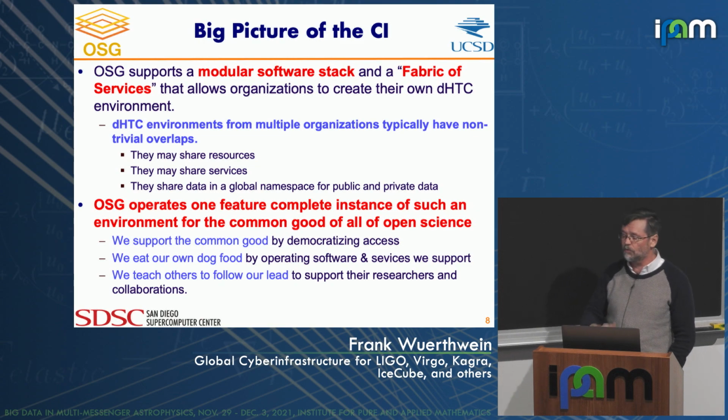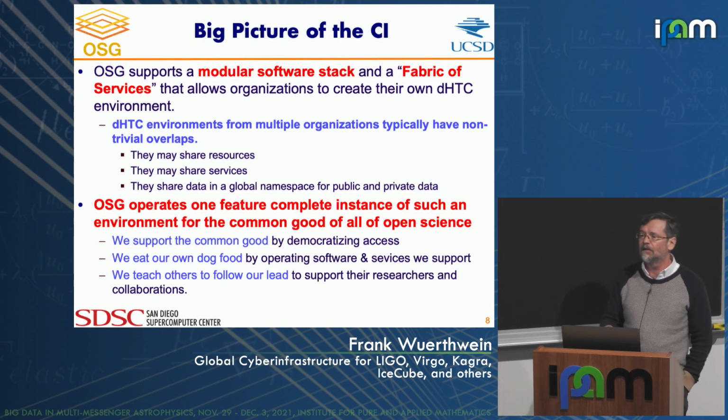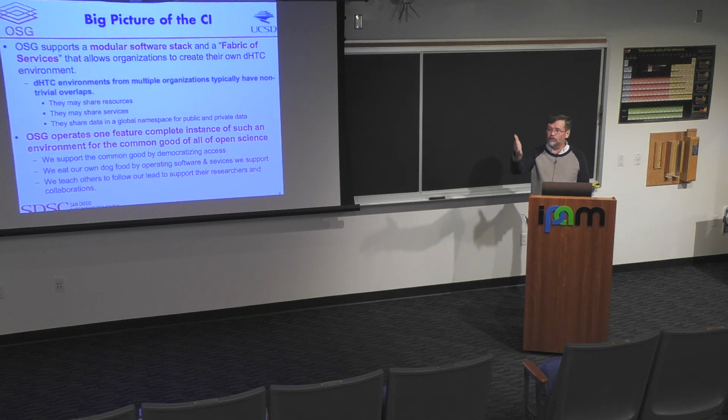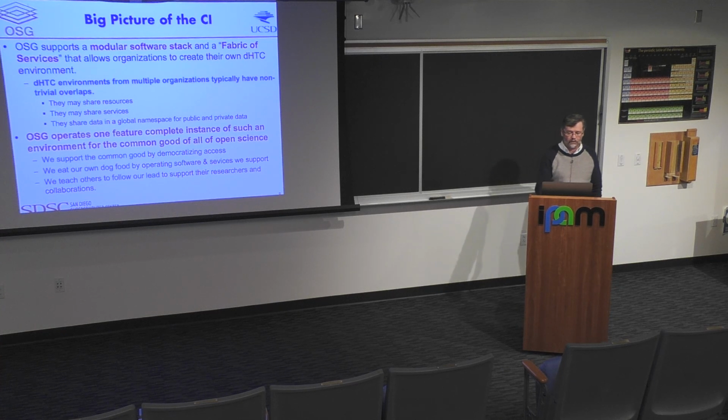And as a consumer, we provide all of this as a structure for anybody. If you have large mathematical models to calculate whatever, you get an account, voila, you're a customer of OSG, and you then would run on the OSG infrastructure. We support the common good by democratizing access. Not just the billion-dollar experiments should have this sort of thing.